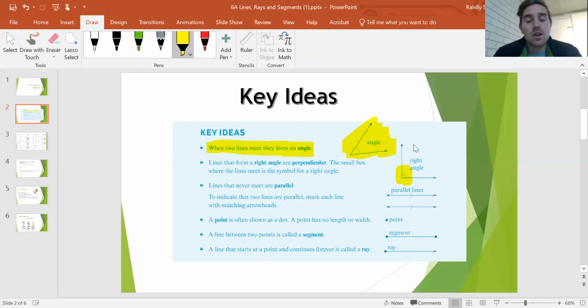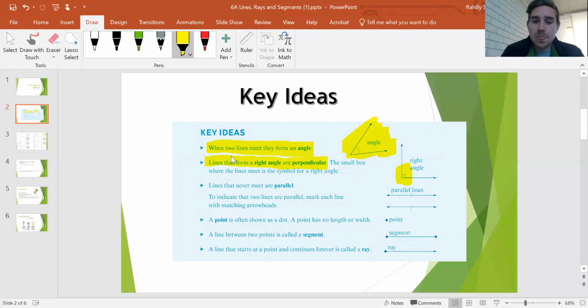Anything in a square or a rectangle, all those corners are right angles because they're square corners and they should have this little square in there. A right angle is 90 degrees as well, okay? Lines that form a right angle are perpendicular.